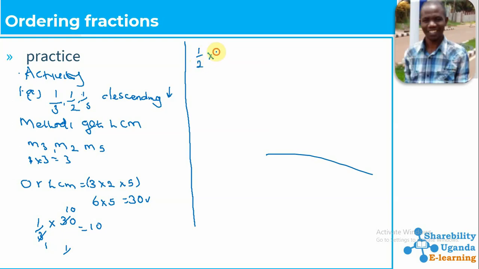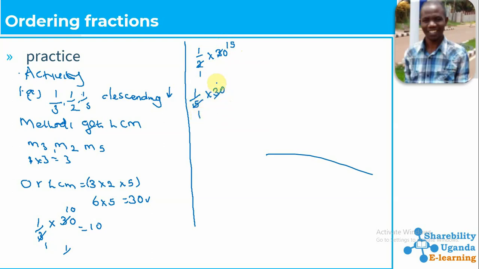Out of 2 times 30 by 2, 1, 30 divided by 2, we get 15. Then we can also try out another number, which is 1 out of 5 times 30 by 5.